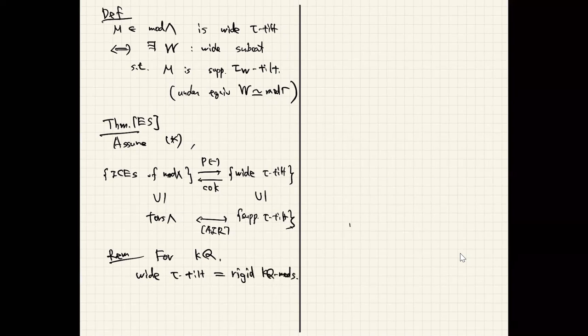So we don't have to care about these wide subcategories. And this is very nice, because KQ is a hereditary algebra.